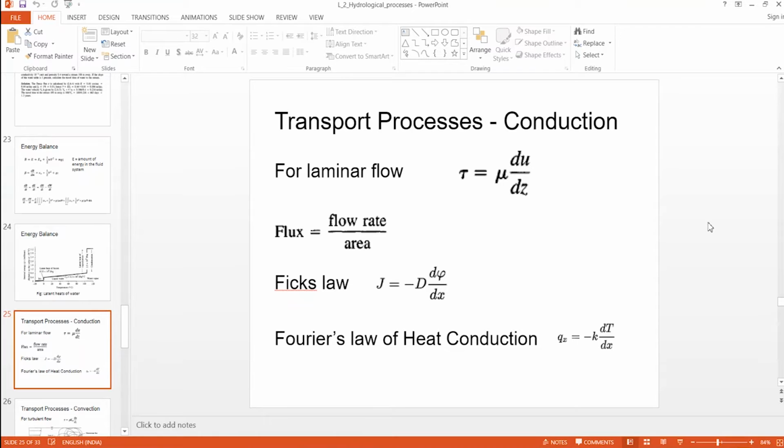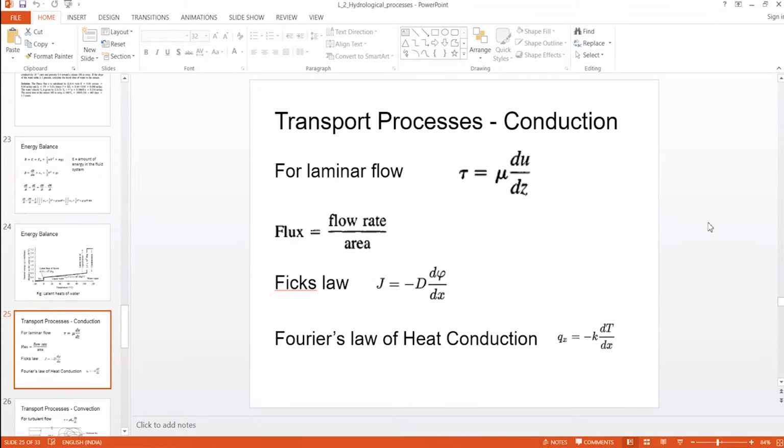The molecules at higher energy are at high temperature, they move to low temperature, and during this collision, the energy from these high energy molecules transfers to low energy molecules, so that the heat energy transfer takes place. So this is conduction.